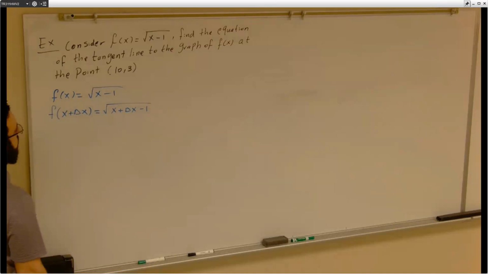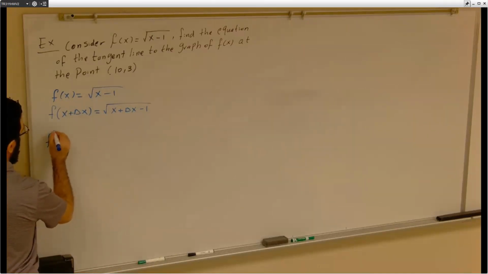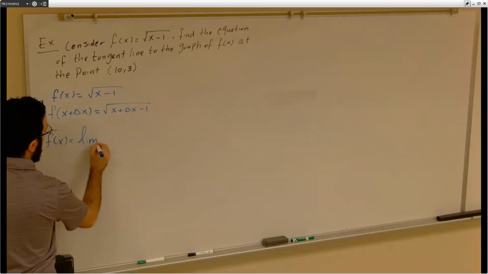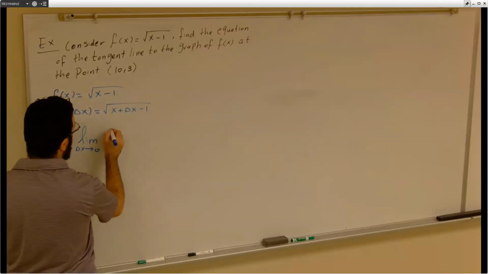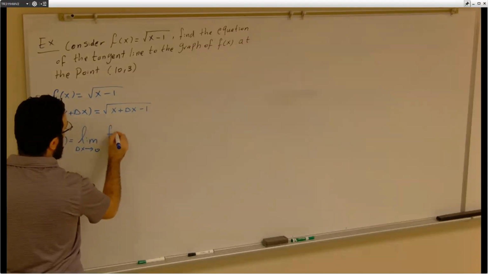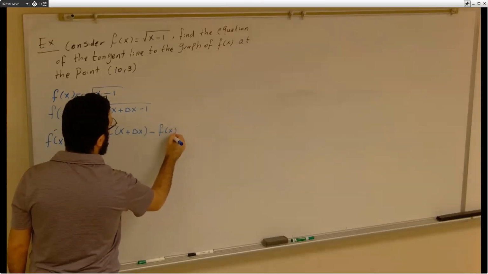I'm going to use the limit. That means f prime of x, which is the slope, equals the limit as delta x approaches 0 of f of x plus delta x minus f of x, divided by delta x.